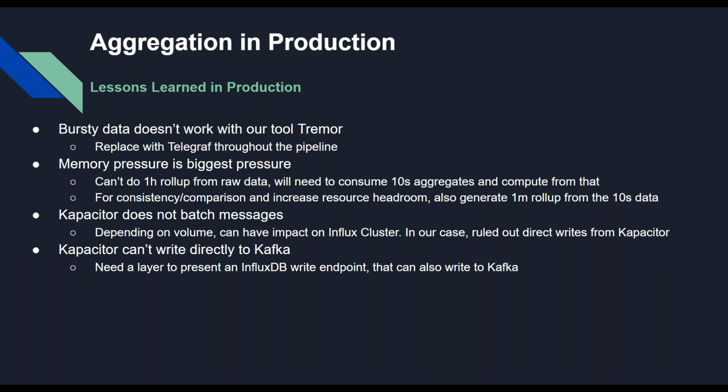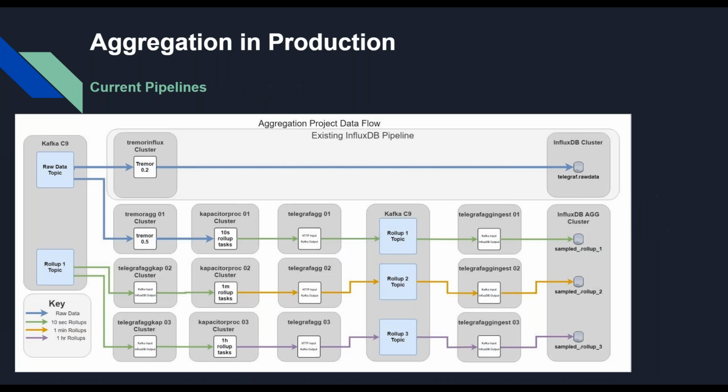So from that very simple design, what our final production design actually ended up looking like was this. At the top, we still have our original older version of Trimmer writing to our raw data clusters. And then we have 3 essentially parallel pipelines doing the different aggregates.